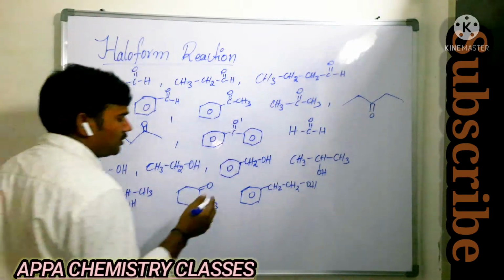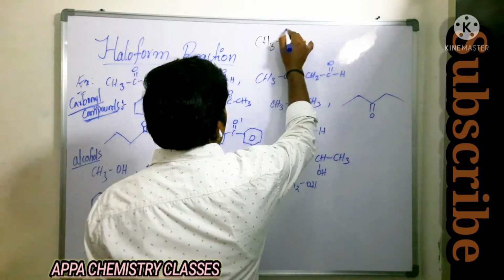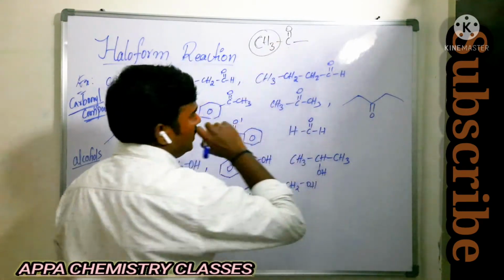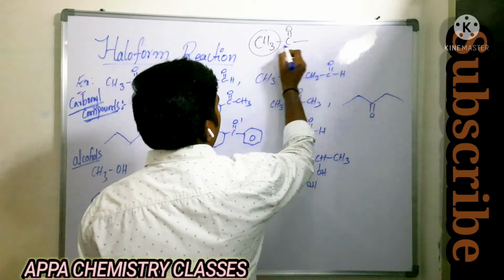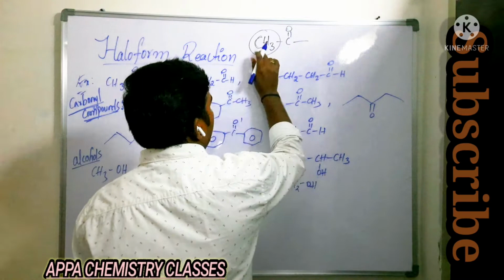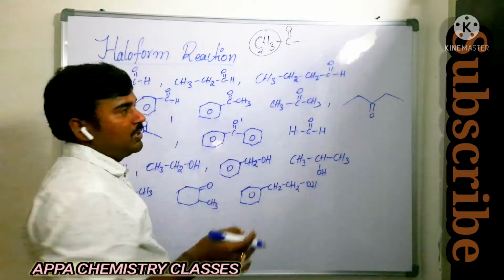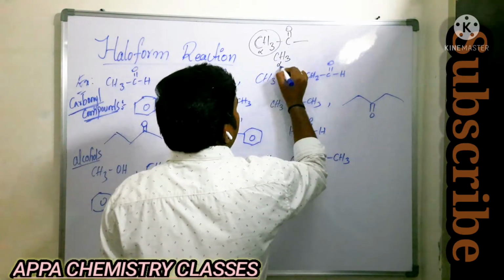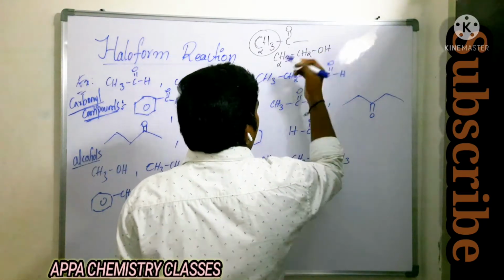Just now I told you the compounds which have the CH3C=O group, that is, the carbon adjacent to the carbonyl carbon should be a CH3 carbon. The carbon adjacent to the carbonyl functional group is called the alpha carbon. So alpha methyl carbonyl compounds participate in the haloform reaction, as well as alpha methyl alcohols. The carbon attached to the functional group, and the adjacent carbon is called the alpha carbon. Alcohols containing an alpha methyl group also participate in the haloform reaction.